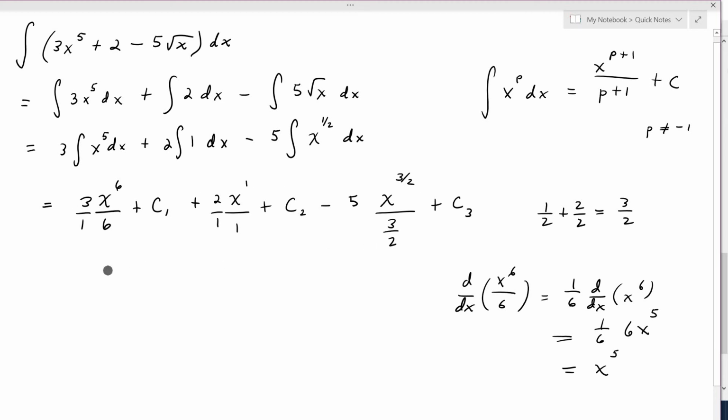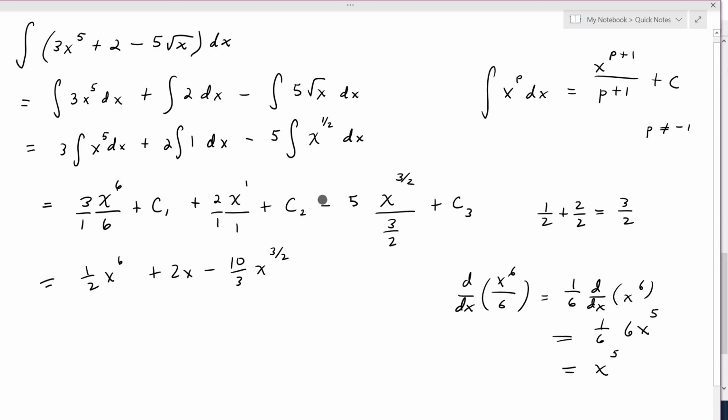Okay, and so let's just clean this up now. So this is 1/2. This is 2x. And then it looks like here you would flip this and multiply, so that would be 2/3 times 5, and that gives us 10/3. And then x to the 3/2 power. Then we have c1 plus c2 plus c3, which are just 3 arbitrary constants.